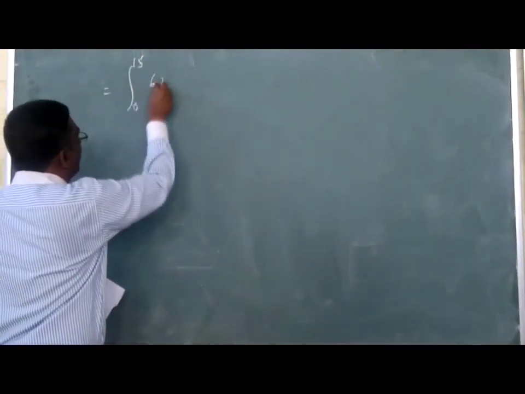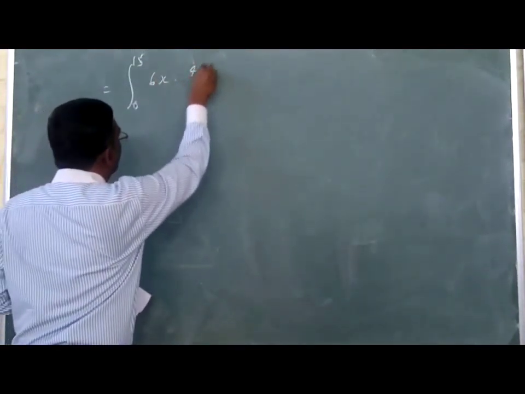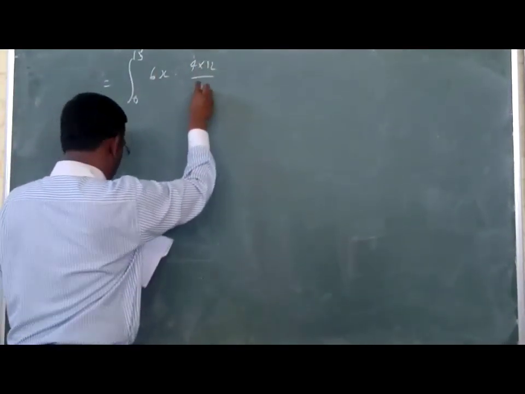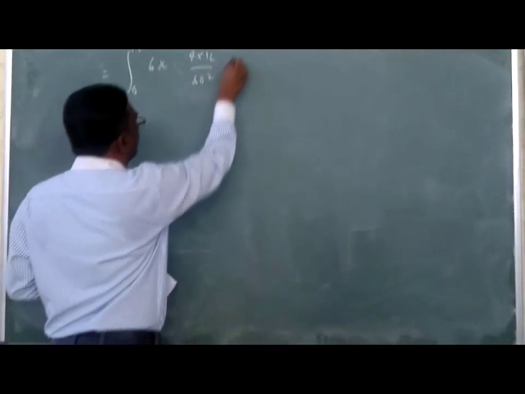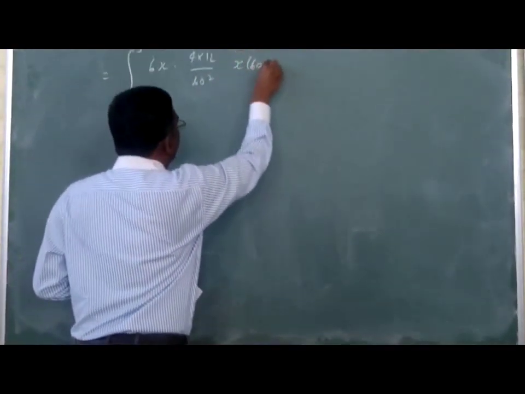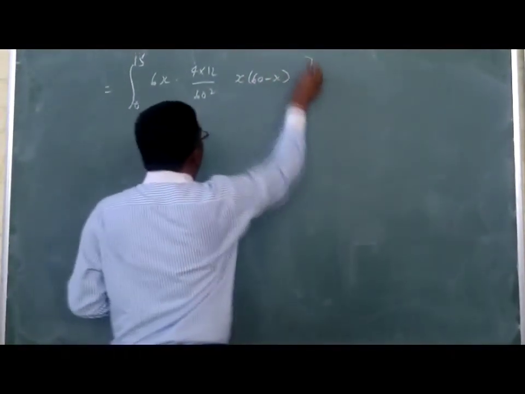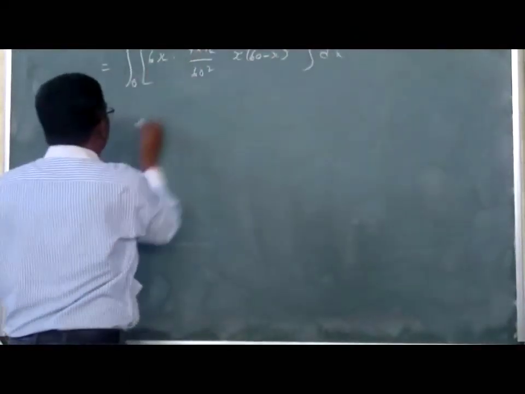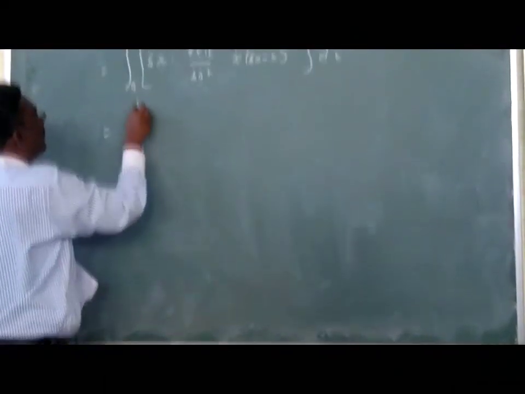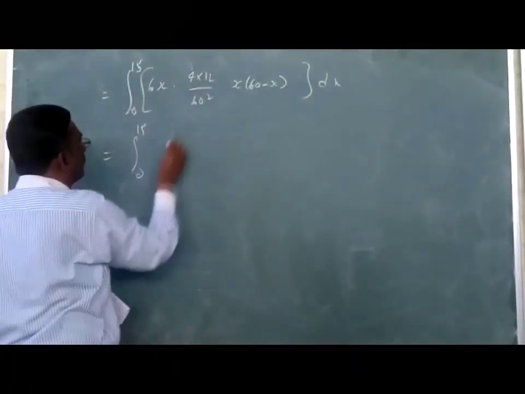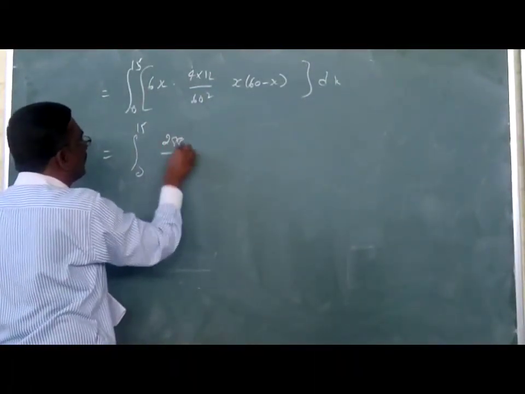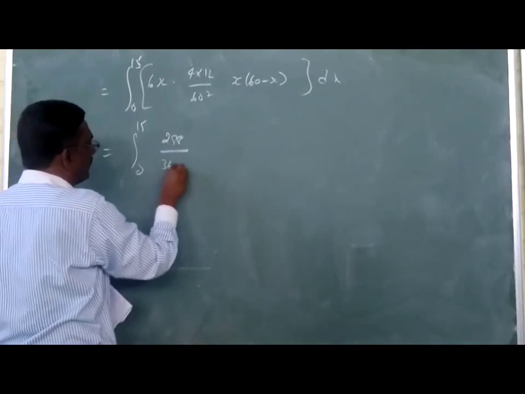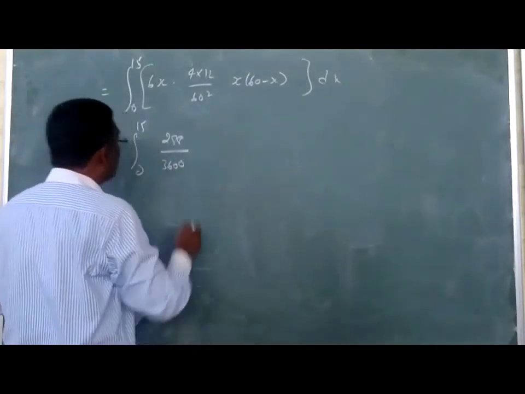We have 6x, 4 into 12 divided by 60 square, x into 60 minus x, dx. Multiplying all these components, 6 into 4 into 12 gives 288, by 60 square, which is 3600.